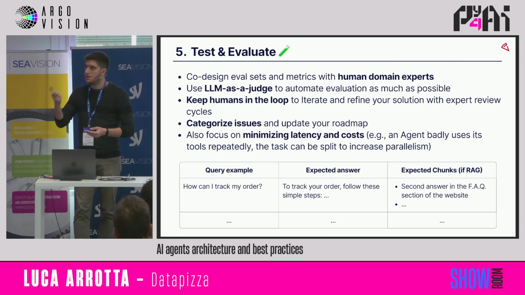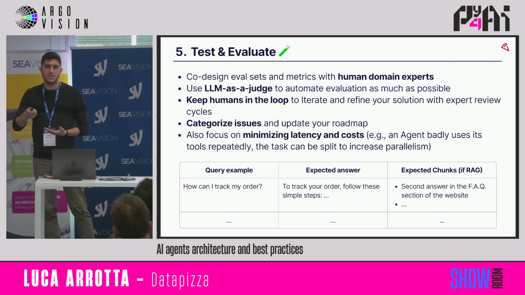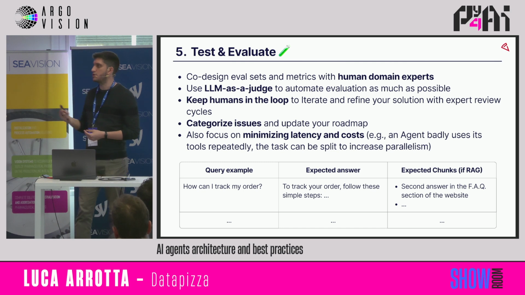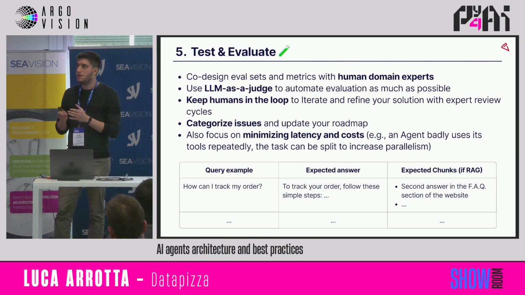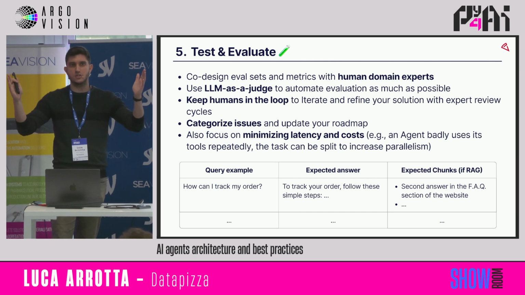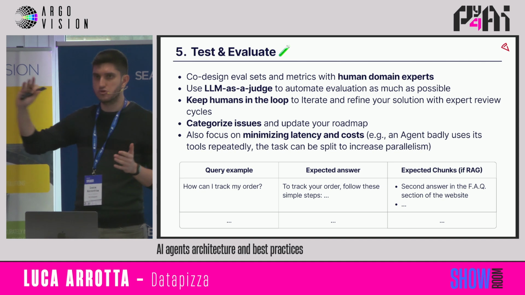So typically, it's a good choice to also implement a solution based on LLM as a judge. You can use an LLM to mimic how the human domain expert would score the outputs of your system, and in this way, you can partially automate the evaluation process. If you have 10 ideas to experiment with, you can discard the 8 worst ideas thanks to LLM as a judge, and then ask for feedback from the human evaluators just for the 2 best ideas.